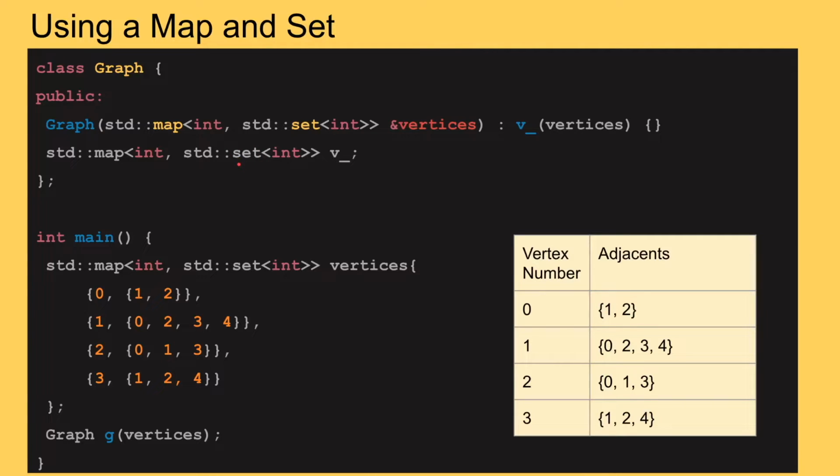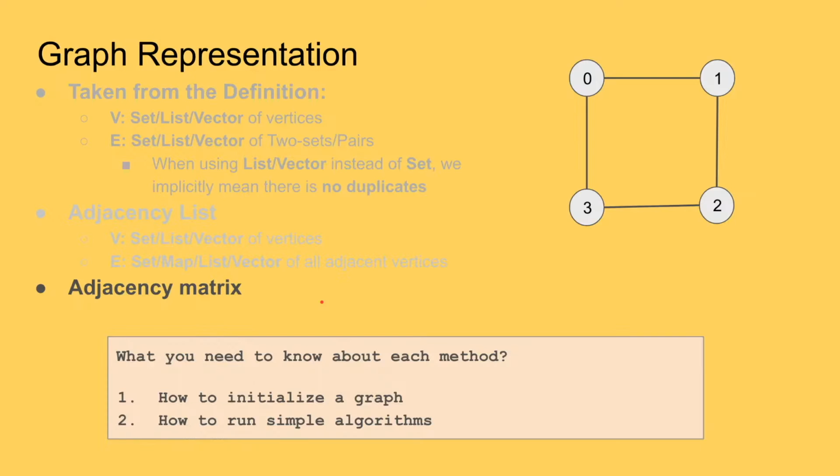We just picked the set. So the initialization is very straightforward. Each item in the map is a pair whose first element is an integer, whose second element is a set of adjacent values. So there you have it. This was an alternative way of implementing a graph using adjacency list.